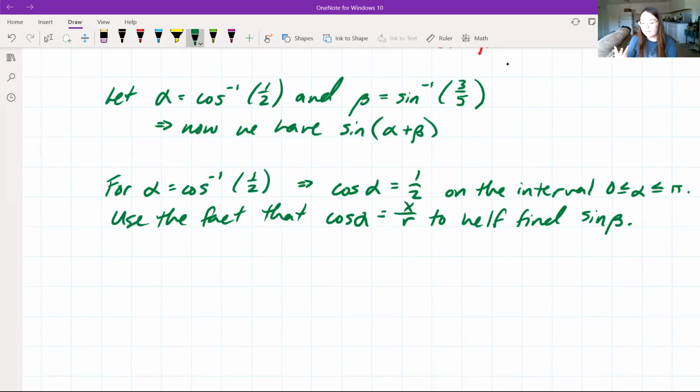So if we know cosine of alpha is equal to x over r, we get that x is equal to 1 and r is equal to 2.